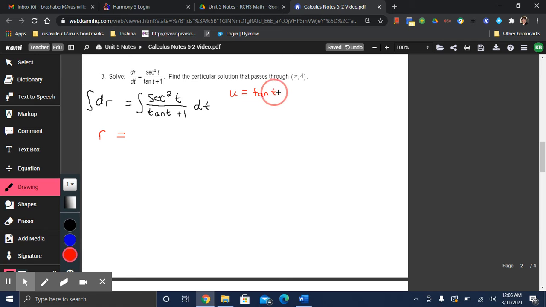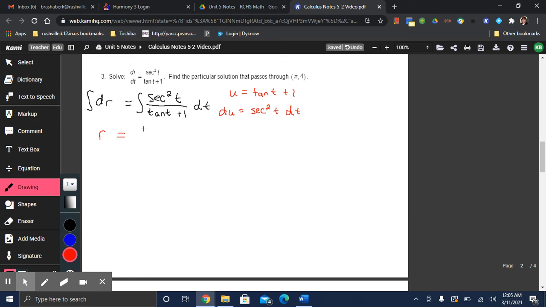So the tangent of t plus 1, and its derivative, the derivative of tangent, is the secant squared of t, and the derivative of the 1 is just a 0. And remember, we have dt. Well, that's exactly what we have here.